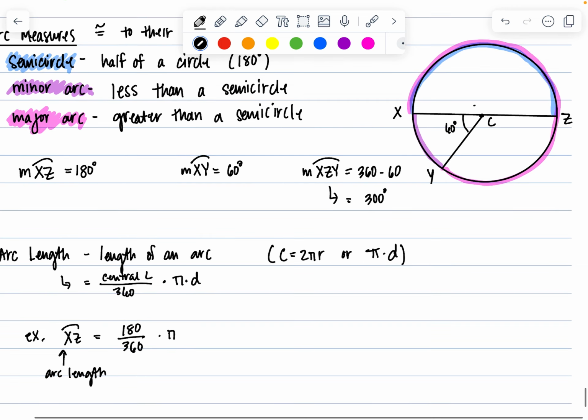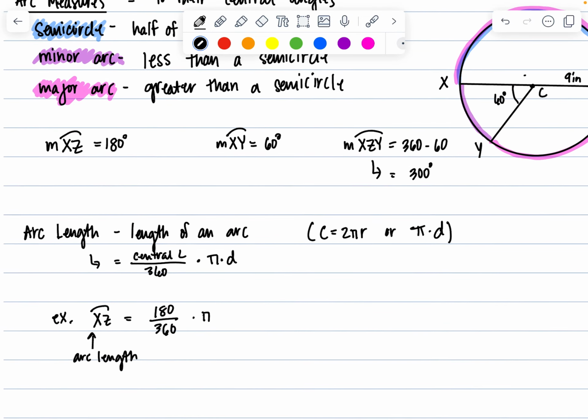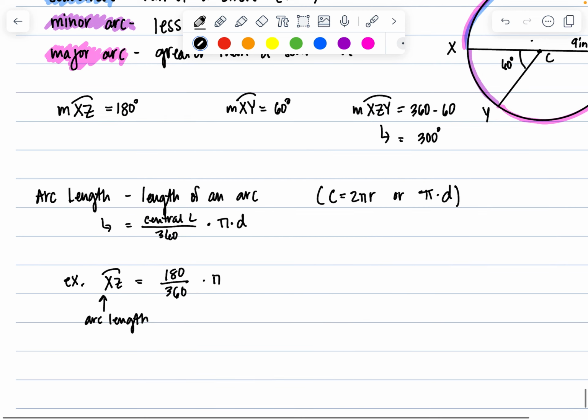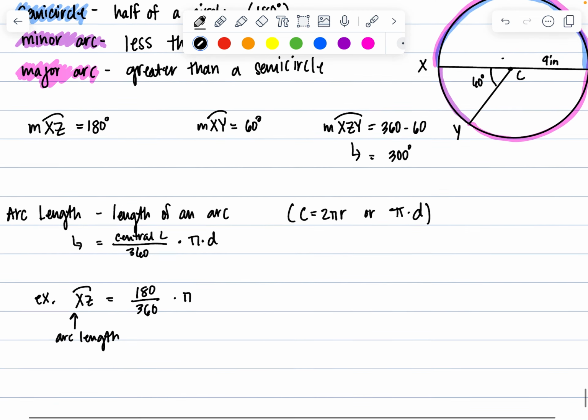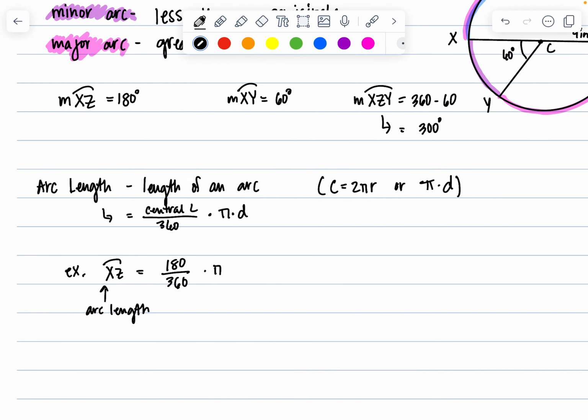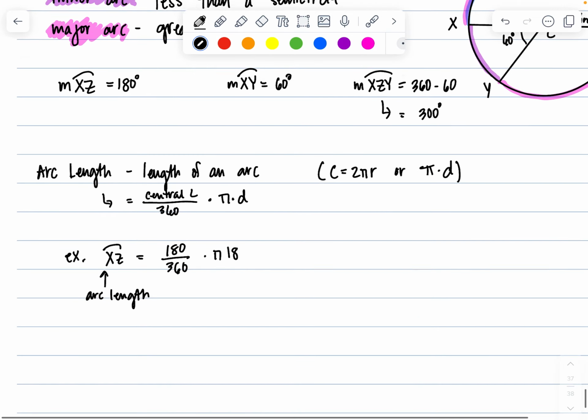And then let's give this a diameter of, let's say, 9 inches. If we have 9 inches here, then this would be pi times, let's give a radius of 9 inches, so that would give me 9 times 2 times pi, or 18.